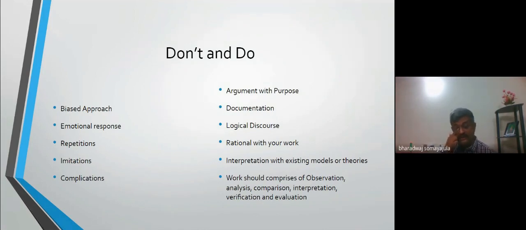Do not give an emotional response to the audience. Whoever is reading will pick up on it. I'm a reviewer for some journals, and I remember one article where that became a negative approach. Immediately people will reject, because the journals have very good standards. They never accept repetitive sentences or ideas.